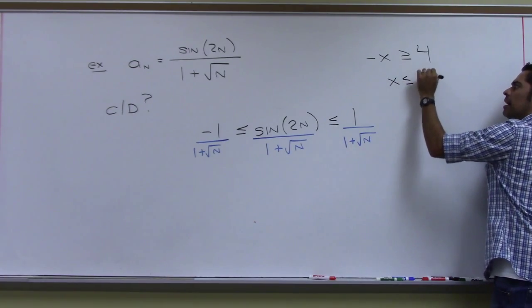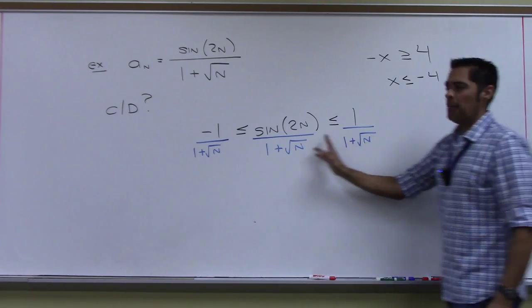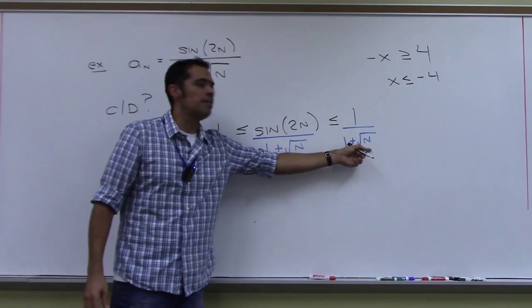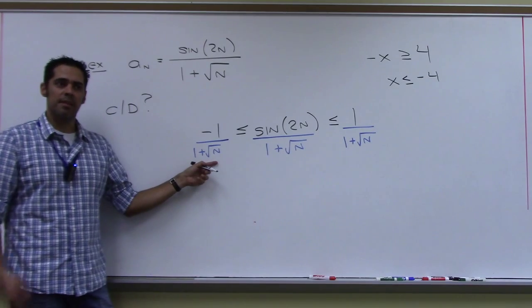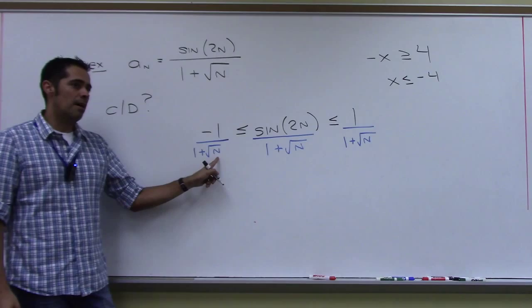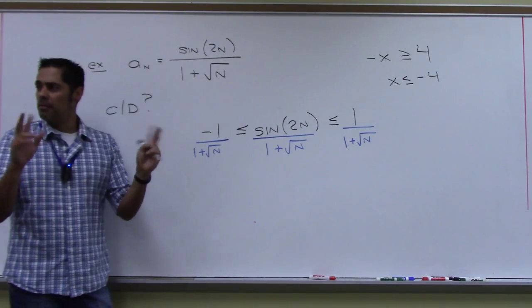Less than or equal to -4. Do I need to worry about the flipping here? Did I divide by a negative or a positive number? Positive, guaranteed? Yes, because n is a positive number, right? n is 1, 2, 3. So I know the square root of n is going to be positive, plus 1 is positive. So I don't have to worry about the flipping of the inequality, right?